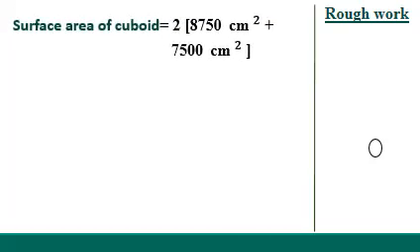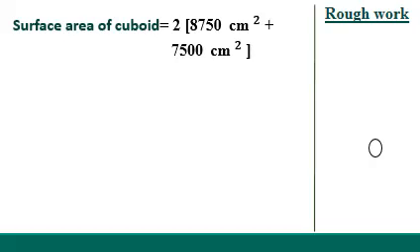Now let's have a look into our last step, which was surface area of a cuboid is equals to 2 multiplied by the sum of 8750 centimeters square and 7500 centimeter square.